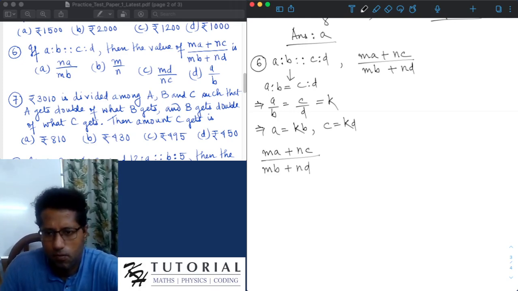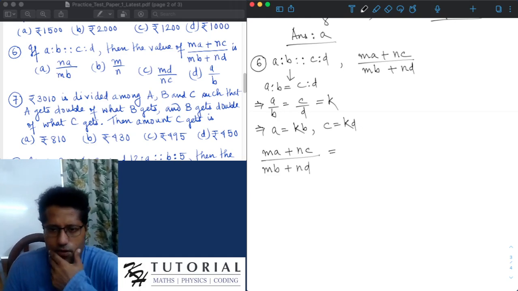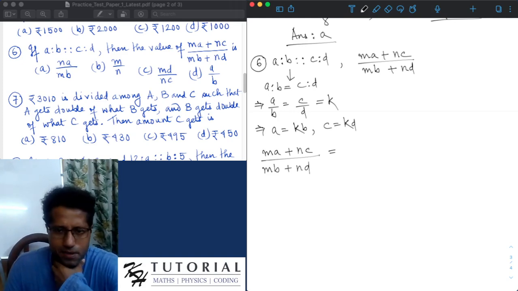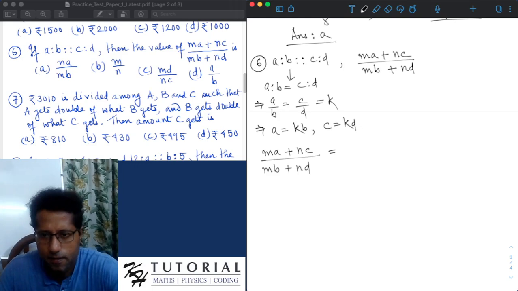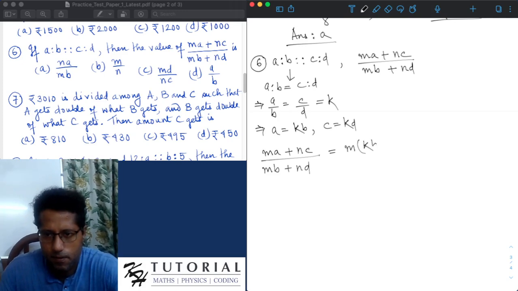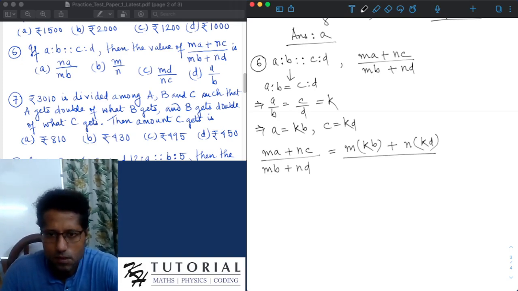Now if I substitute A in terms of B and C in terms of D, I get that A we have found to be KB, and NC, C is KD, divided by MB plus ND.